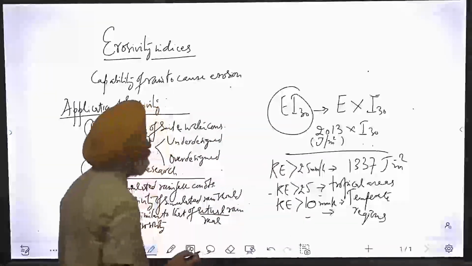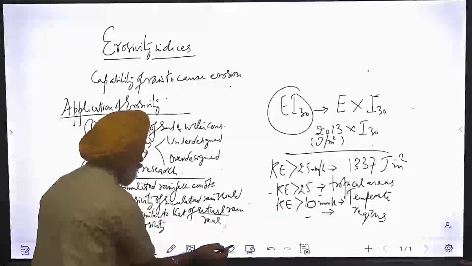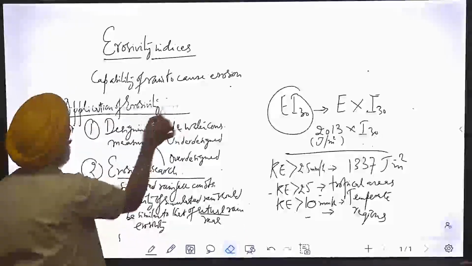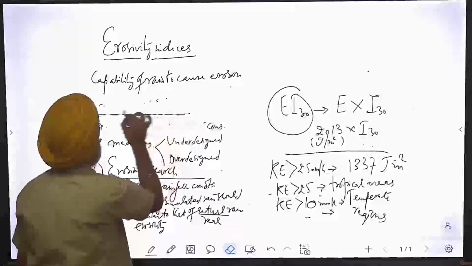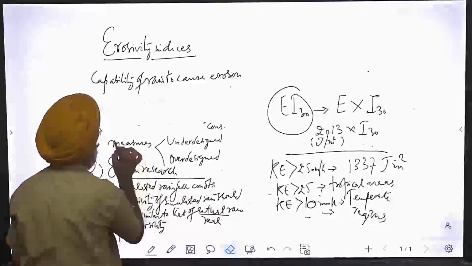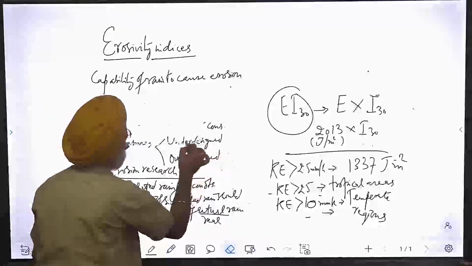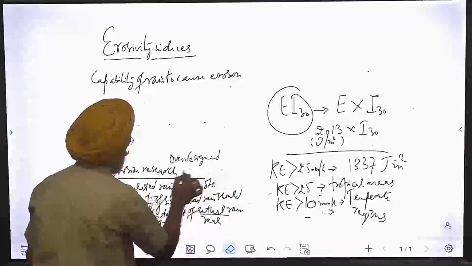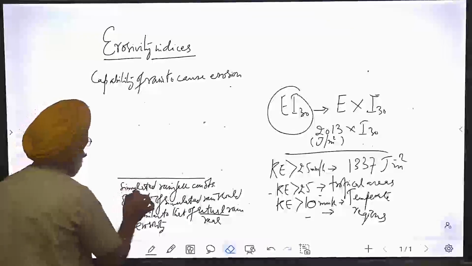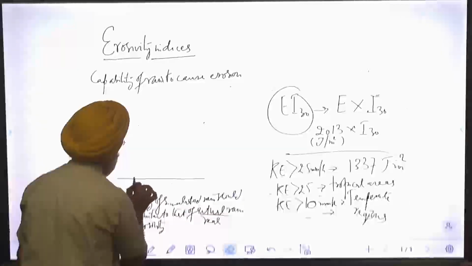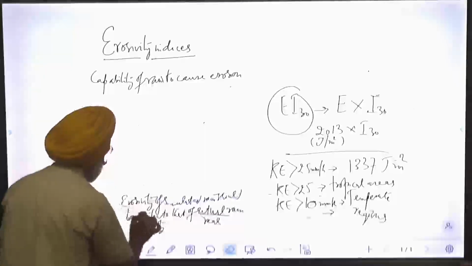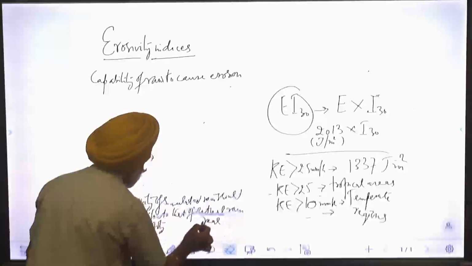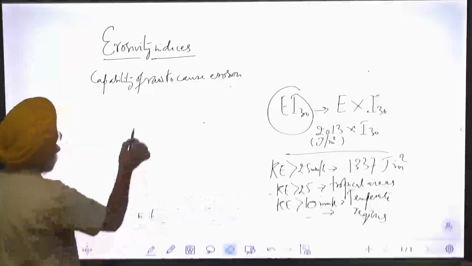Now, I will give you an idea of the difference between temperate and tropical regions, because you should know those differences. Generally, temperate regions are colder as compared to the tropical regions; temperature there remains low.